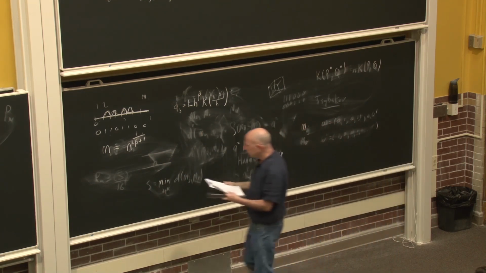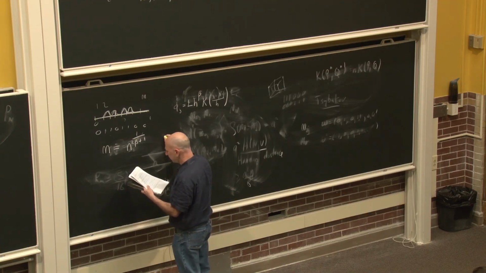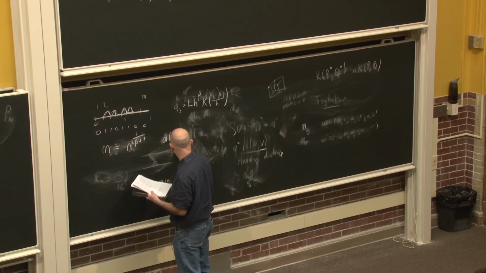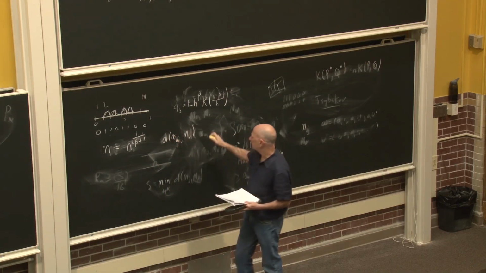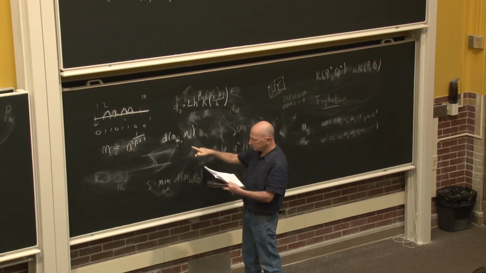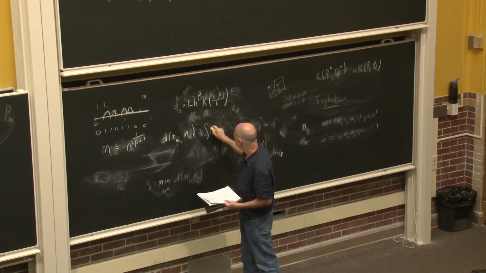And so now you can check that if I do the L2 distance, this will be the L2 distance between any of these two functions. I called them m omega and m nu corresponding to their bit sequences. This is the L2 distance.